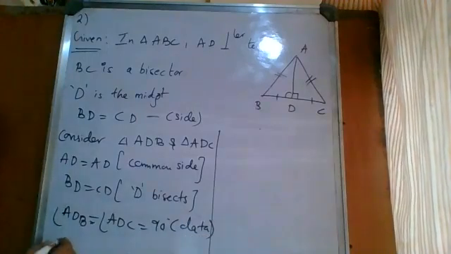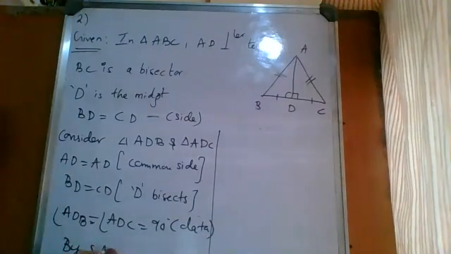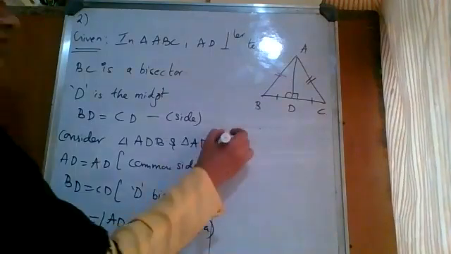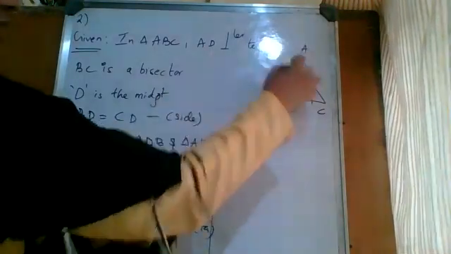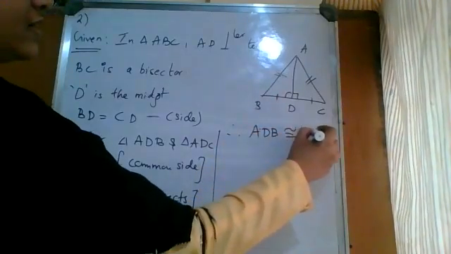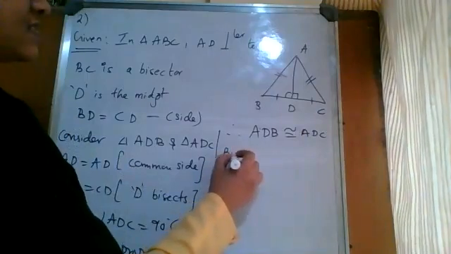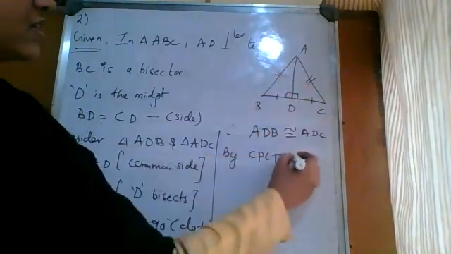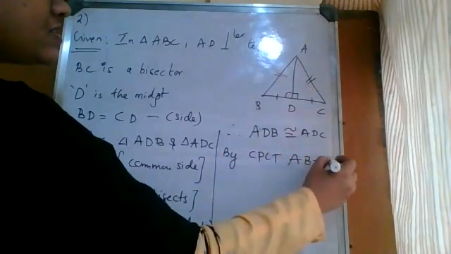By which property? By SAS property, triangle ADB is congruent to triangle ADC. By CPCT, I can say this side is equal to this side, AB is equal to AC.